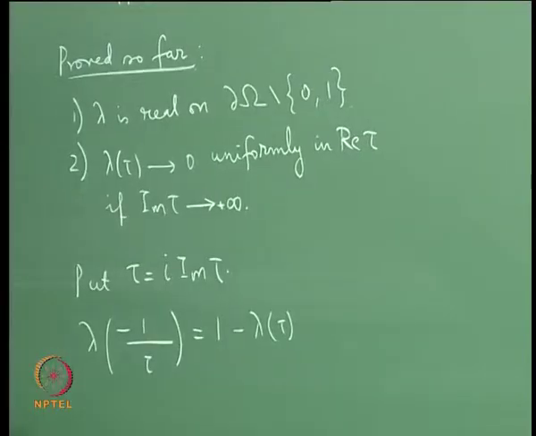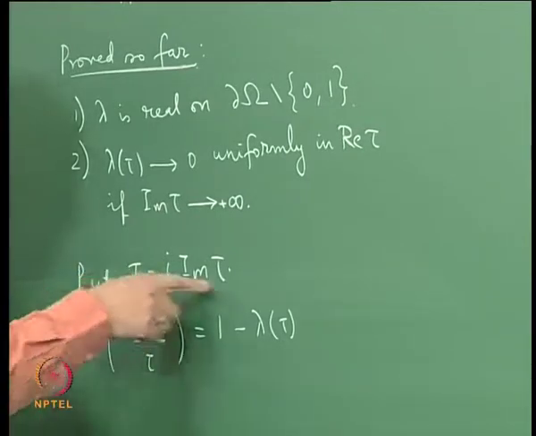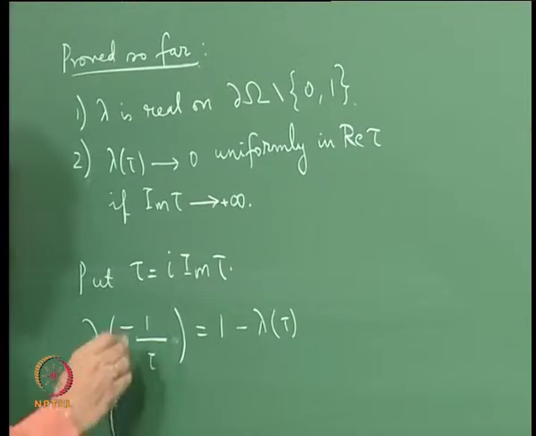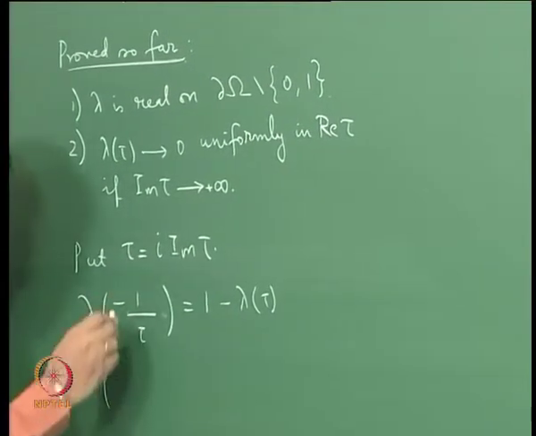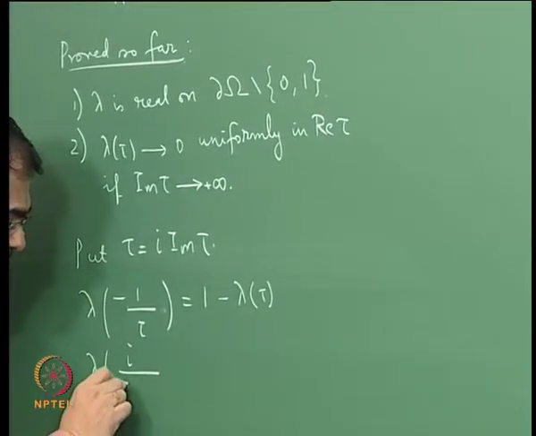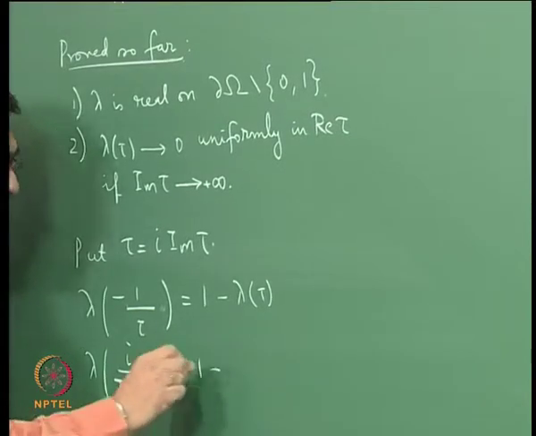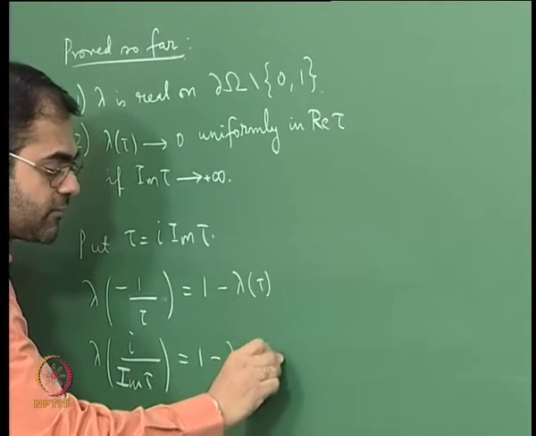So we have this functional equation, and what you do is, in this functional equation I will put tau equal to i times the imaginary part of tau. So I will get lambda of, minus 1 by i is of course i, so I will get i by the imaginary part of tau, is equal to 1 minus lambda of i times the imaginary part of tau.